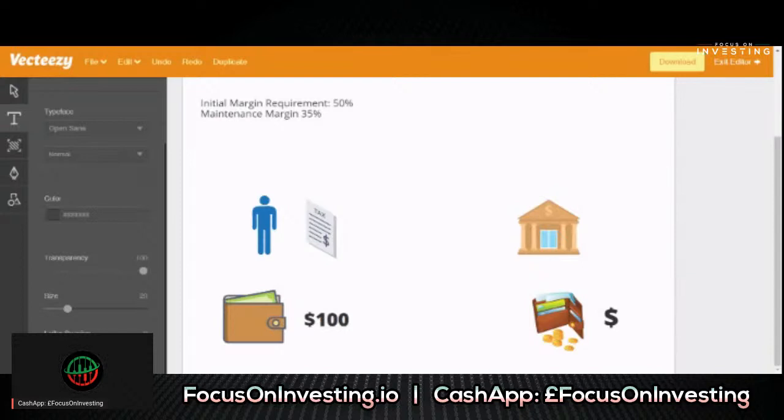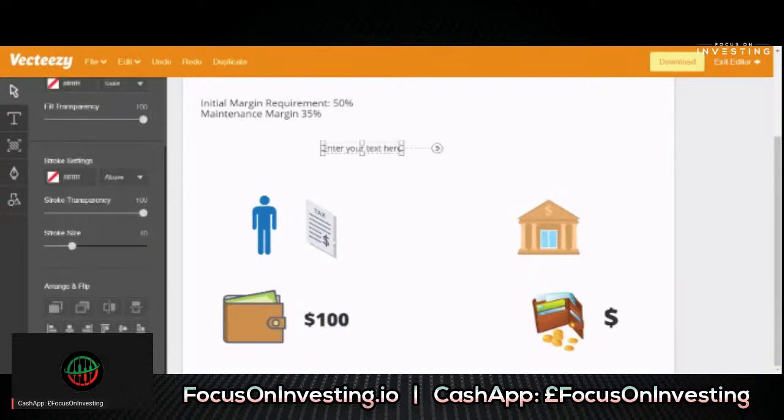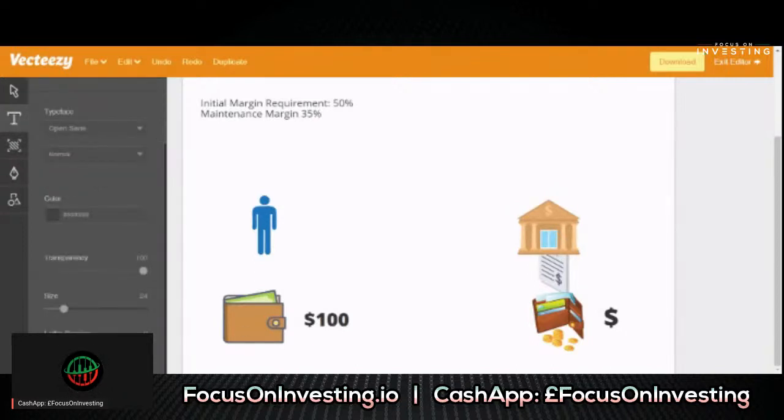So if our initial margin requirement is 50%, let's say, for instance, we've got a trading account. In our trading account, we have 5,000 dollars to invest, right? We go to our broker.